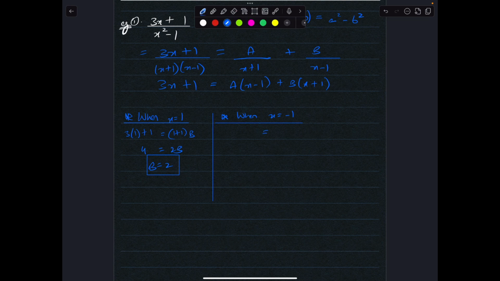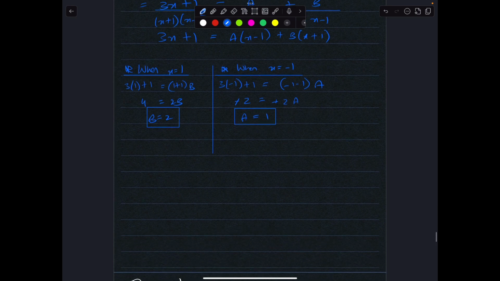So I have minus 1 a on the right hand side and 3 into minus 1 plus 1, so minus 2, on the left hand side. The minuses cancel off and I'll be left with a is equal to 1.